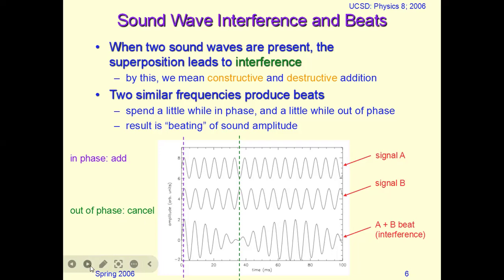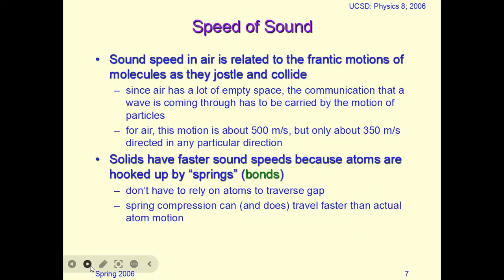Now speed of sound in air is related to the frantic motions of molecules as they jostle and collide. Since air has a lot of empty space, the communication that a wave is coming through has to be carried by the motion of particles.